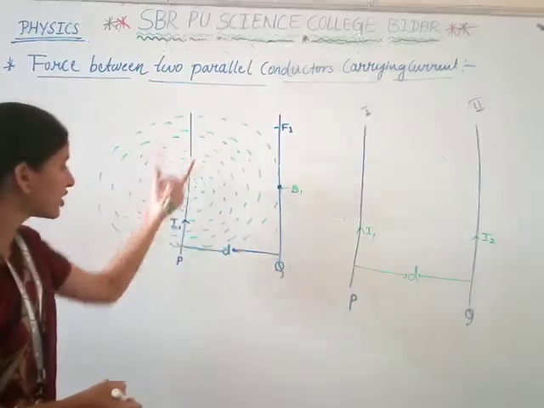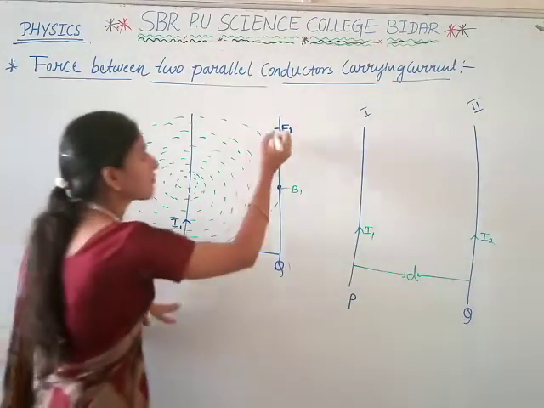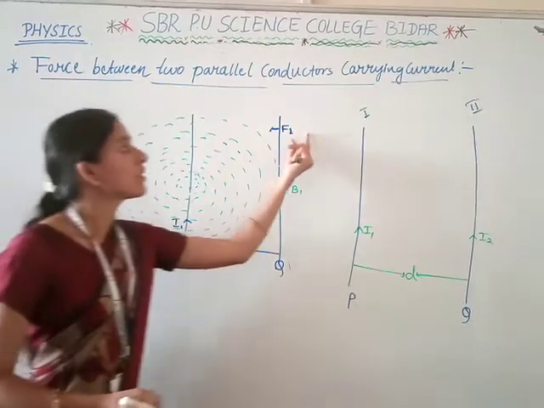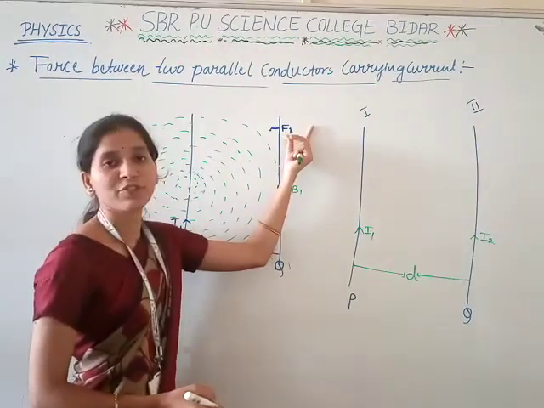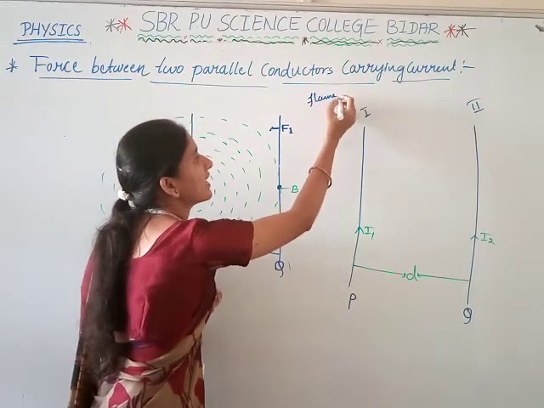That F1 is due to the current I1 in conductor P. The force is produced, but in which direction? By using Fleming's left hand rule we have to find it.